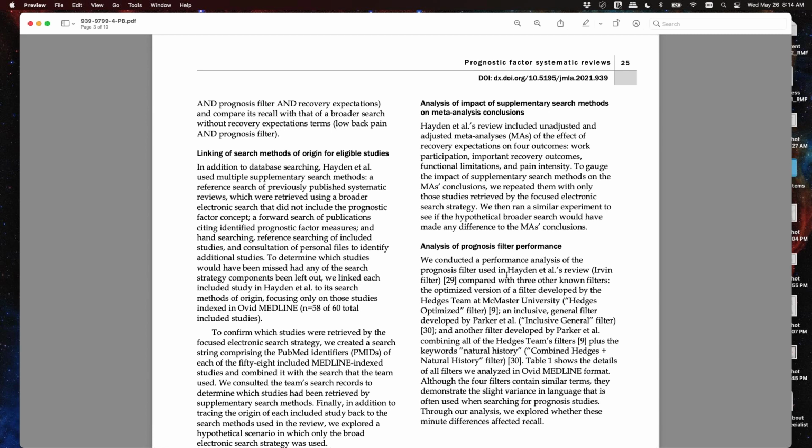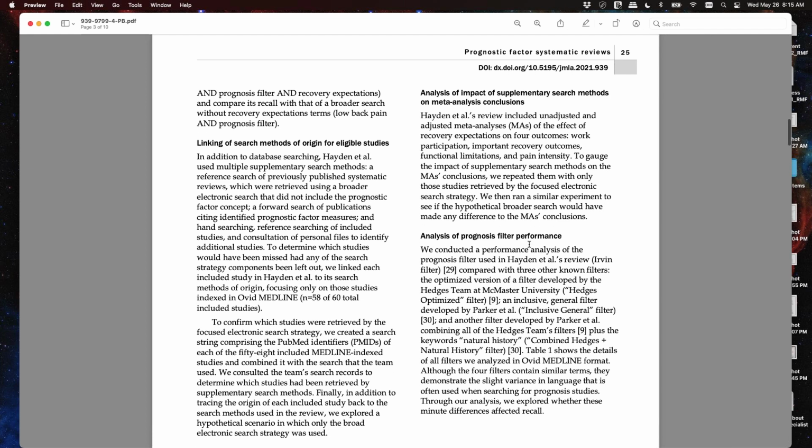So basically, they redid the meta-analysis and excluded the studies that were only identified via the supplementary search methods. And they wanted to check, did the meta-analysis come to different conclusions?